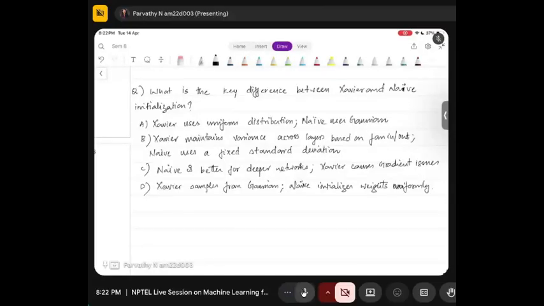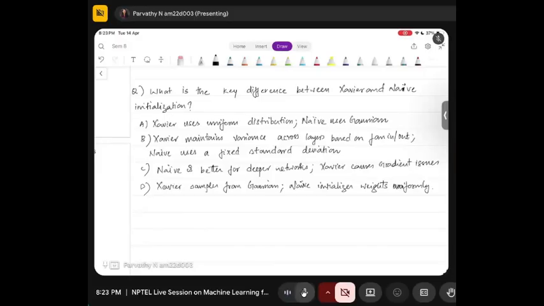So I think the difference between Xavier and naive is that Xavier maintains the variance across layers, whereas naive uses a fixed standard deviation. It's like Xavier will draw from a distribution with the variance 2 by the number of inputs plus number of outputs.